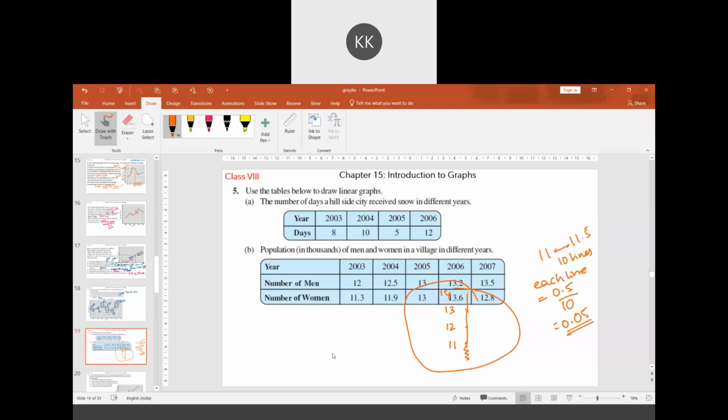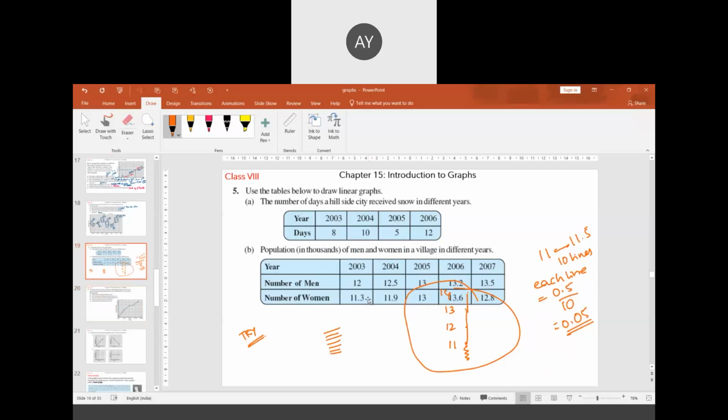So after 11, the next line will be 11.05, next will be 12, 12.05, 13, 13.05, 14, like that. Understood? Will you try this? Sir, can we represent this graph in negative numbers using x dash and y dash?